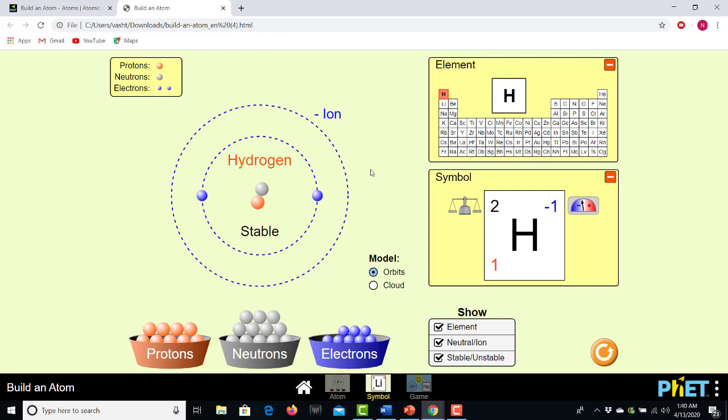I'm going to clear out the screen and make yet another form of hydrogen, and I'm going to use this button over here just so that you'll know how it's used. All right, so that takes us back to a clean slate. When we click the button, it took the check out of our stable, unstable box. I'm going to put that check mark back in there.